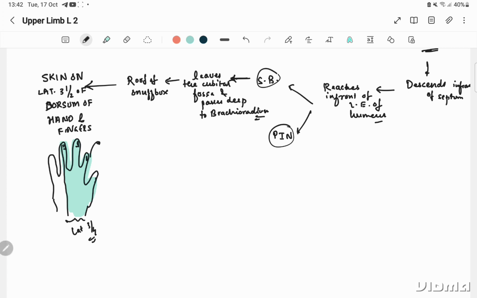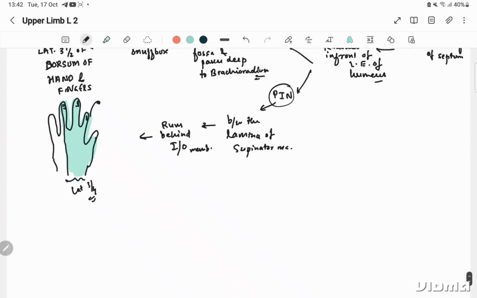Then we have the posterior interosseous nerve too. The posterior interosseous nerve passes between the laminae of the supinator muscle, then runs behind the interosseous membrane, and supplies the extensor compartment of the forearm.